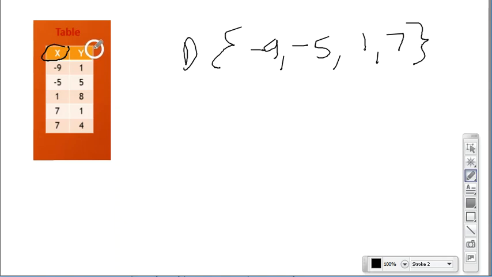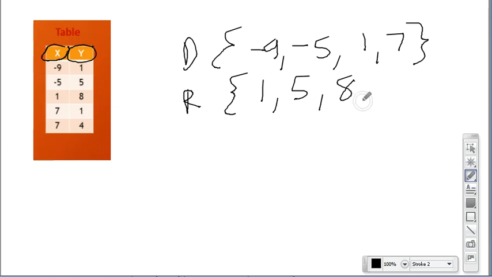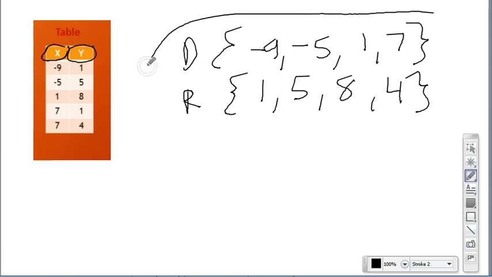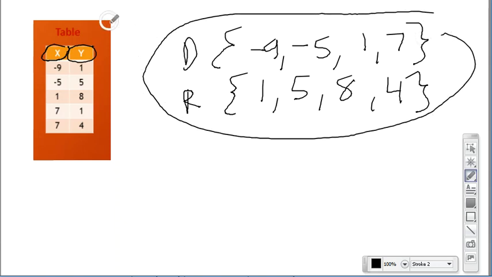And our range, or our y values, are 1, 5, 8. We already listed 1 and 4. Okay. So this is the domain and range of this relation that has been listed in a table.